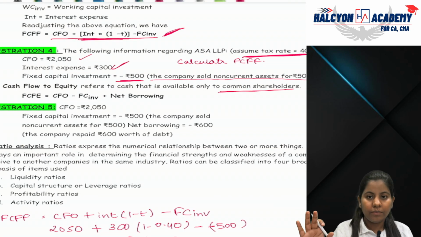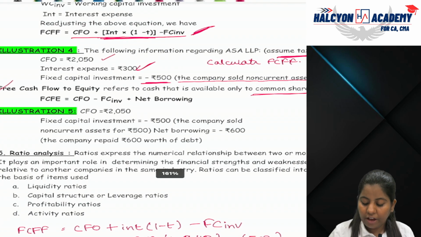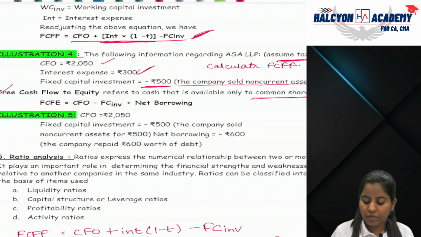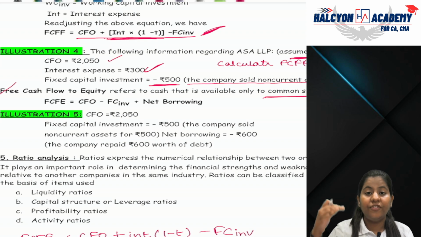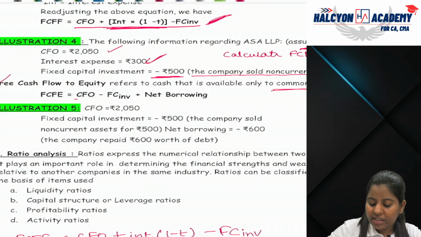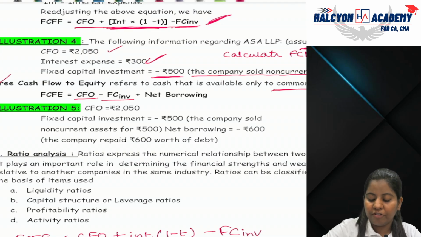We have paid them and we don't have to consider it back. We have already derived our EAT, so we don't need to consider the interest back. So it will be CFO minus fixed capital investment, same as the above formula.